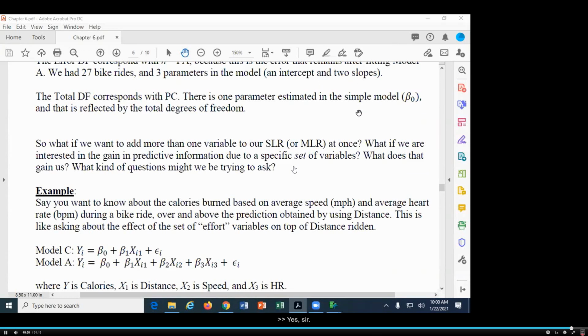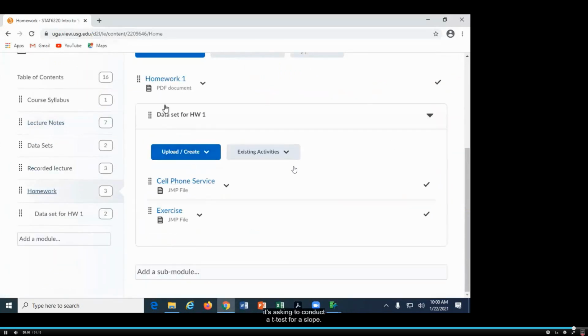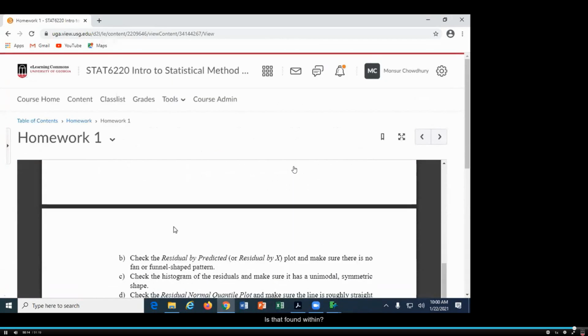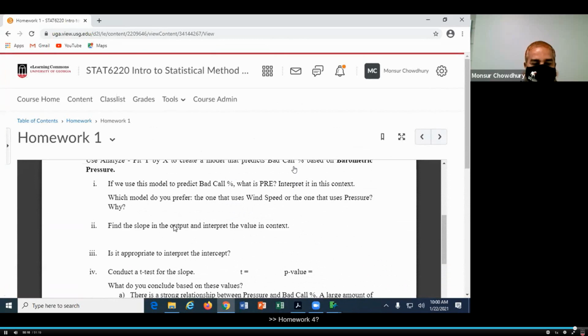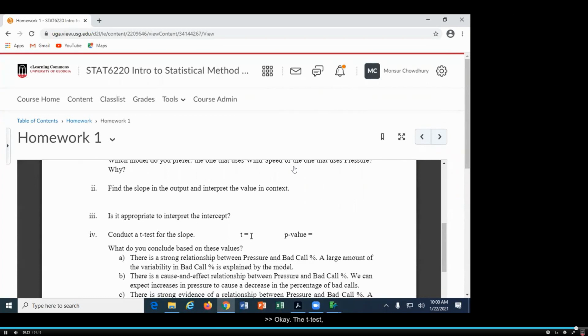I have one. Yes, sir. On the homework, question 4 under the cell phone service, it's asking to conduct a t-test for a slope. Is that found within Homework 4? Yes, the t-test for this slope, that's the individual one. Okay, so the t-test is found, it's already pulled up, underneath the analysis of variance?